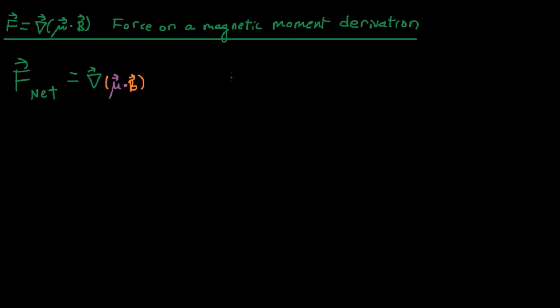Some of you may be familiar with the equation that force F is equal to negative the gradient of the potential energy U, right? Oftentimes we think about this in the context of, say, gravity.